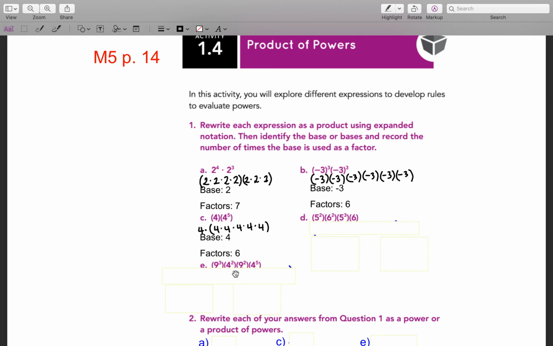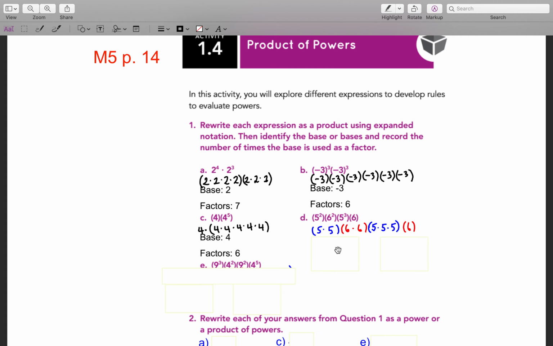So factor 6. Right here, it's 5 squared, or 5 to the second power, times 6 squared times 5 cubed times 6. So 5 squared means 5 times 5. 6 squared is 6 times 6. 5 cubed is 5 times 5 times 5, times 6.